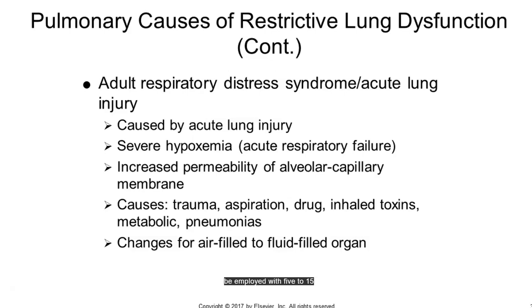PEEP may be employed with 5 to 15 centimeters of water to increase oxygenation and enhance alveolar recruitment. Prone positioning may also be employed, and fluid and electrolyte balance are of critical importance. Advanced techniques such as arteriovenous hemofiltration, CAVH, or dialysis may also be employed.